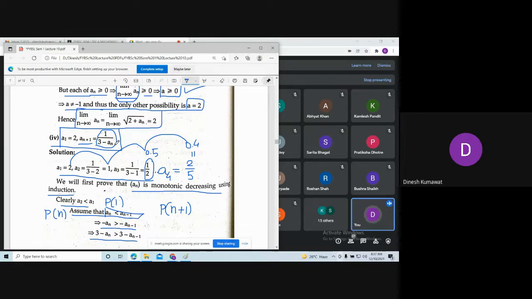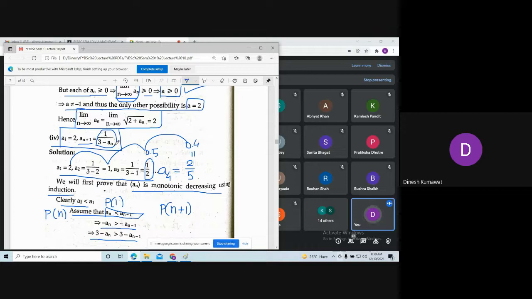Tell me what is an upper bound for an plus 1? 2. Okay, because that's clear. Now we need to bother about what is the lower bound. What is your guess? 0. Okay, so now we guess the lower bound for this sequence is 0.